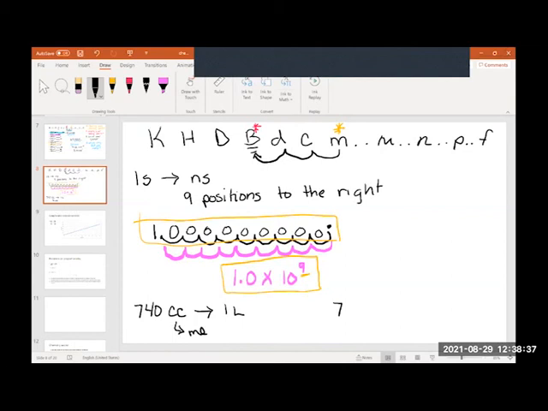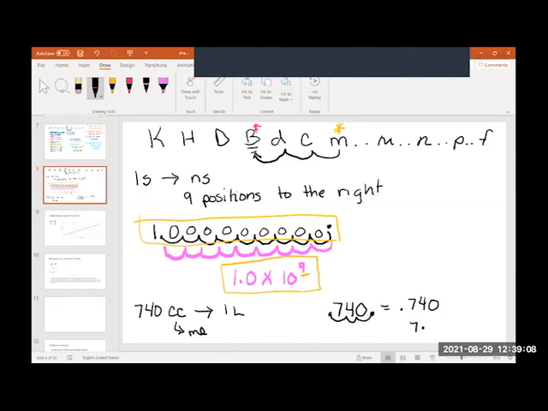And that means I rewrite the number with the decimal point, and I jump 1, 2, 3 positions to the left. So 740 cubic centimeters, cc's, which are milliliters, will equal 0.740 liters.